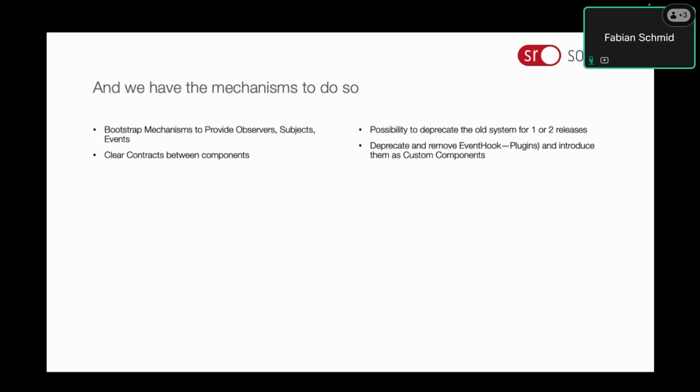And whenever we remove a plugin slot, it should be possible to implement this as a custom component. So if we deprecate that, begin to refactor your event hook plugins towards a custom component, which should be quite easy. And then we can remove the slot as well.